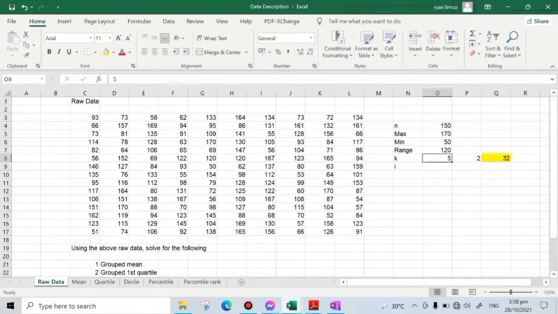That's 32. Sa 6, that's 64. Sa 7, that's 128. And 8, that's 256. So sa 7, 128 is less pa rin compared sa 150. And pag 8, that is the first number na higher than 150. So our k is equal to 8.